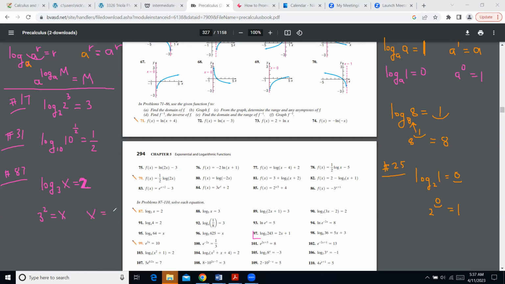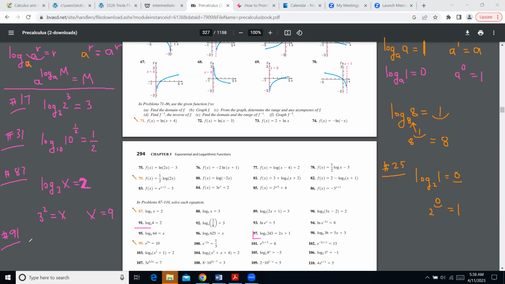So x equals 9, and we've got the result. So the idea is to have the logarithm disappear, and that's the point. How about number 91? Another use of the definition of logarithms.